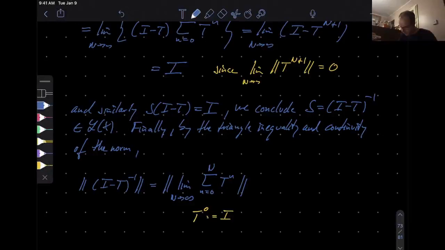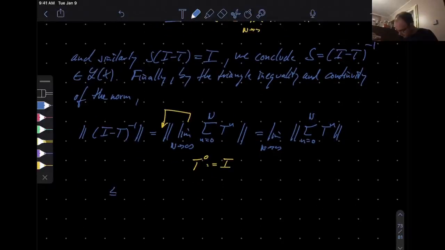That's the convention. And then what you can do is, by continuity of the norm, you can pull that limit outside. So you have the limit as n goes to infinity, then the norm of a finite sum inside. Then you use the triangle inequality. The limit remains outside, so you have the sum from n equals 0 to capital N of T to the n, and now you use again the submultiplicativity.